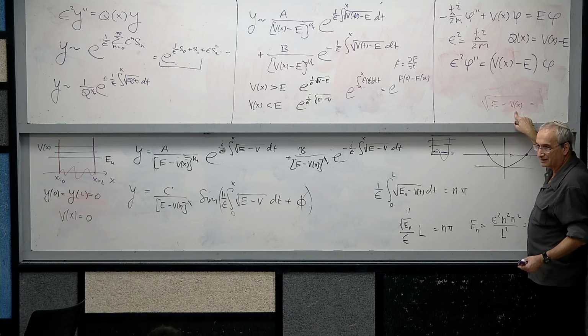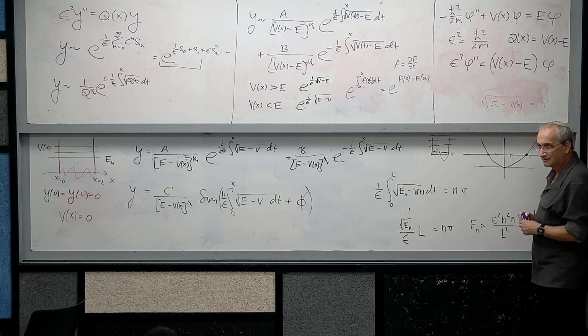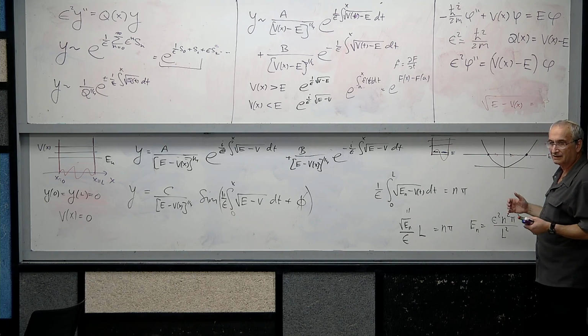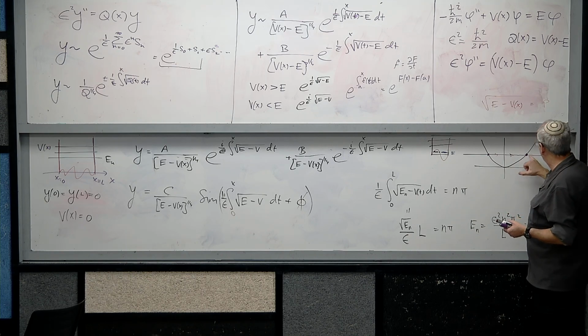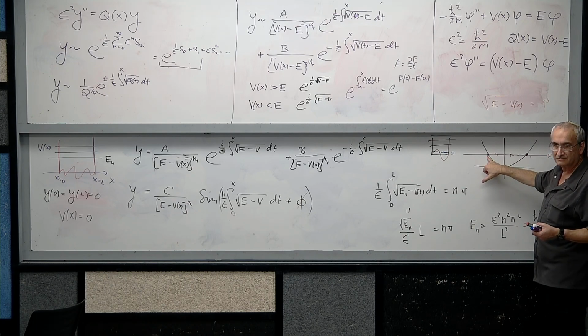If you have a particle with mass 1, this is p squared, so this essentially is p. This is the momentum of the particle, or the velocity if the mass is 1, and the velocity is 0, of course, at the turning points.